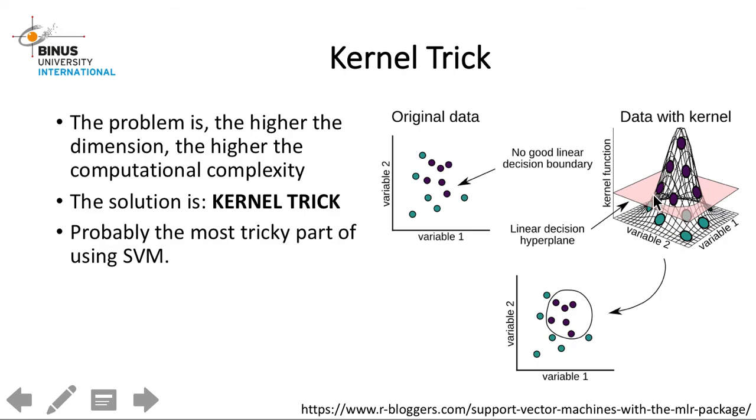A kernel trick, especially for higher dimensional space, helps to transform this kind of data into this kind of data and even higher. So when we cut this hyperplane, it looks like this in the original dimension.